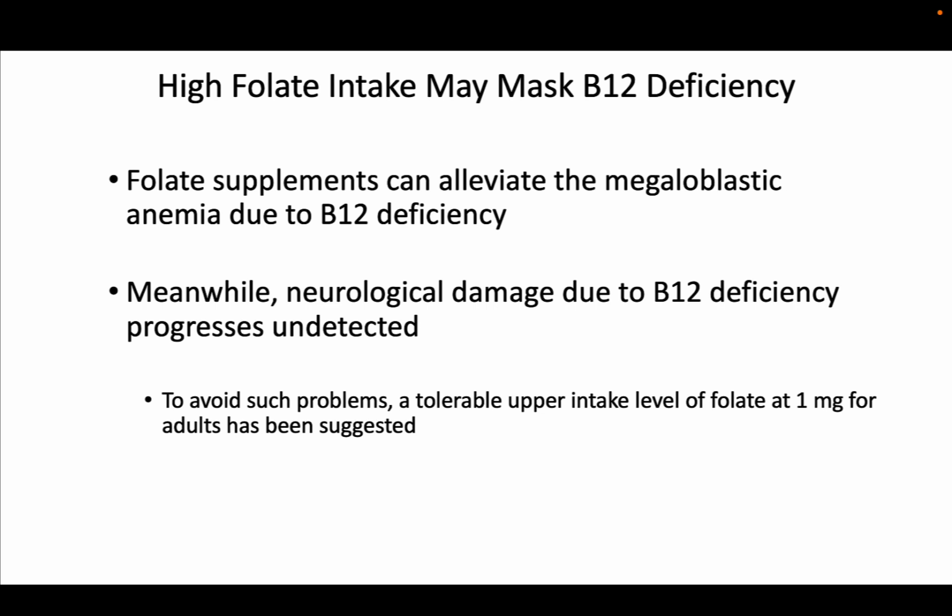And so the damage to B12 deficiency on neurological systems would then go undetected, and actually can be hard to repair if it's allowed to go on for too long. So the tolerable upper intake limit of 1,000 micrograms then just allows us to be able to detect those neurological symptoms earlier and actually intervene and reverse them.